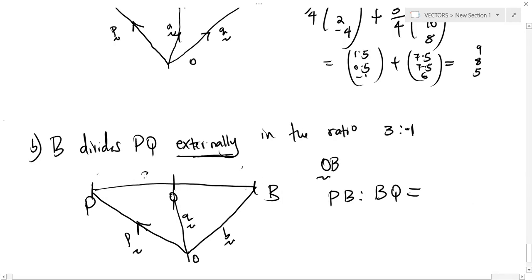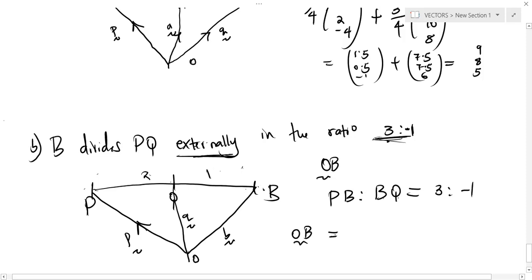So let's assume this is 2, 1. Then PB, we have it 3 units, 1, 2, 3. And then BQ, we have that as -1. So we've clearly represented this. So this is 3 to -1. Now, what is going to be our OB?